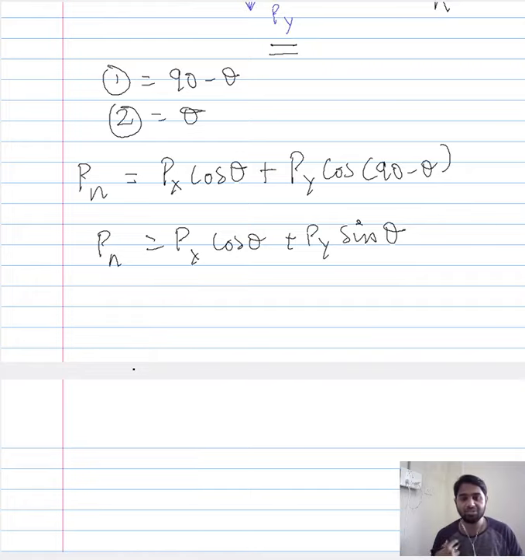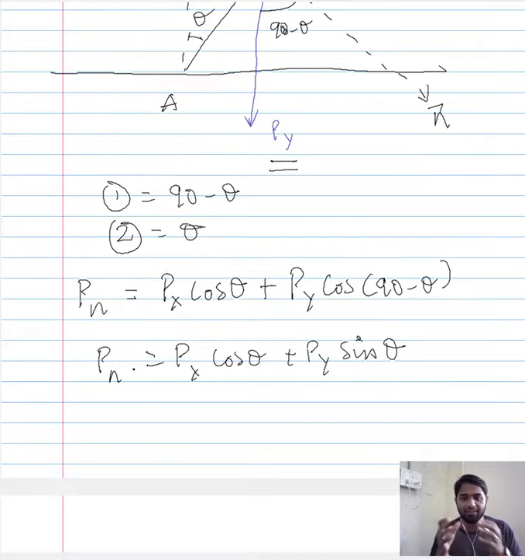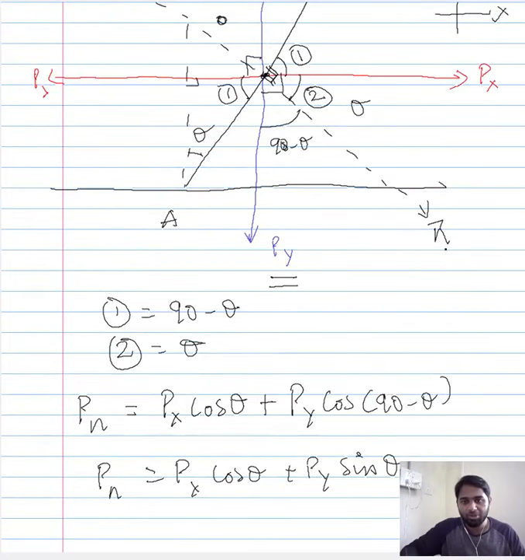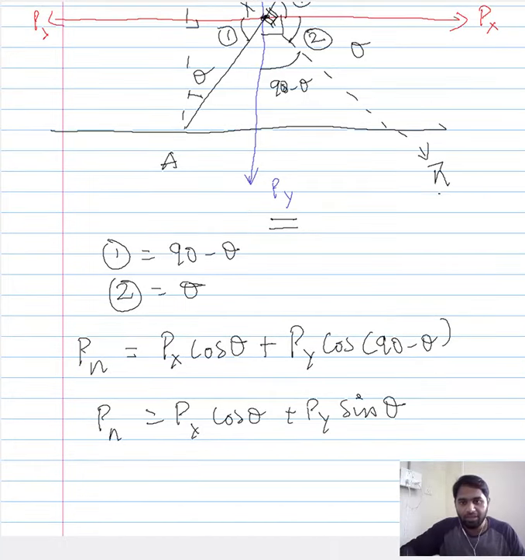What we are interested in is the stress acting along the normal direction. The way you could arrive at the expression for stress is by dividing the load acting along the normal direction by the area. Now we have the load acting along the normal direction with respect to AB.